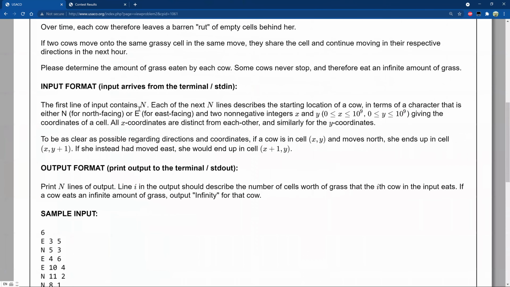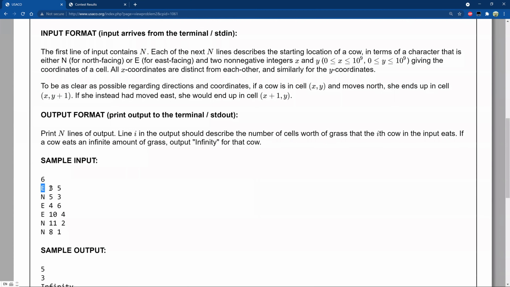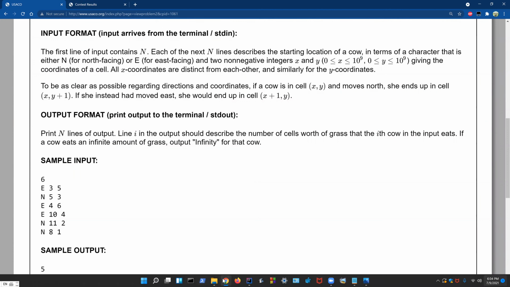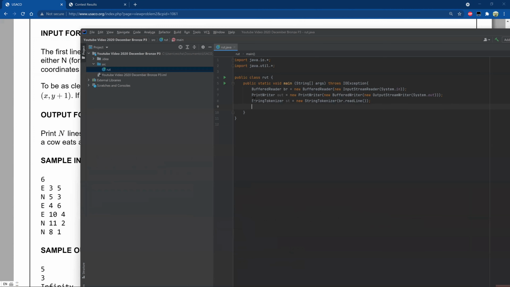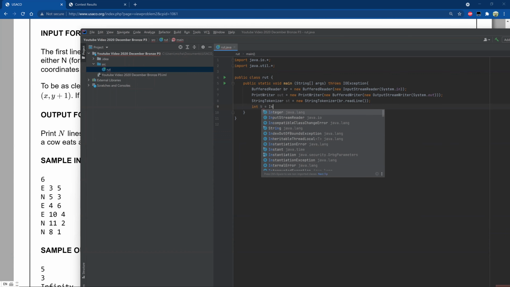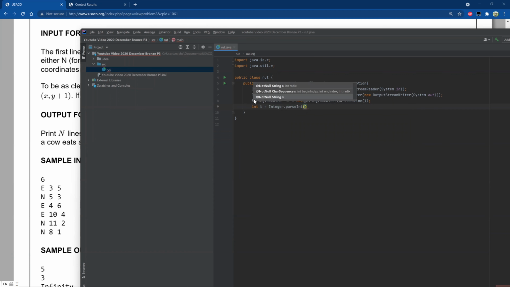The input contains n, and then we have for each cow a character, x position, and y position. So integer n, and then I get the n.